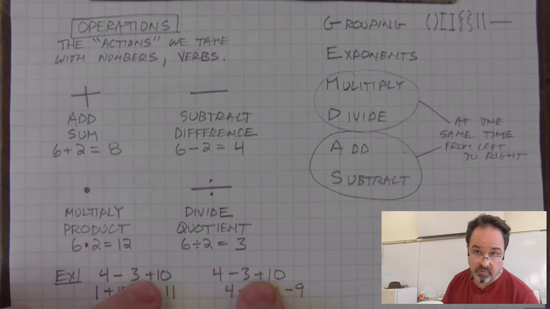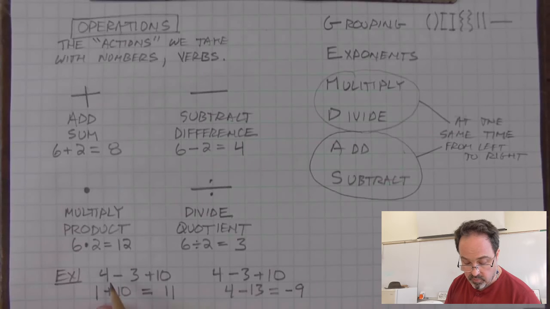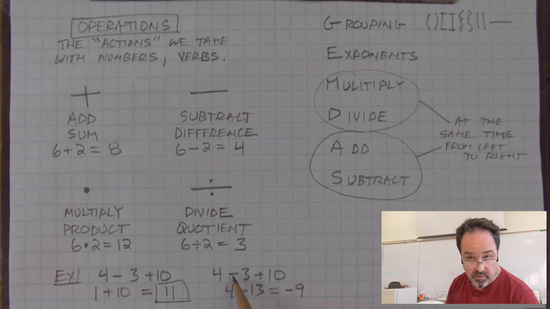So we need to subtract first. That means that the problem where we took 3 away from 4 and got the 1 is the correct way to go, and not to skip the subtraction and do the addition first.